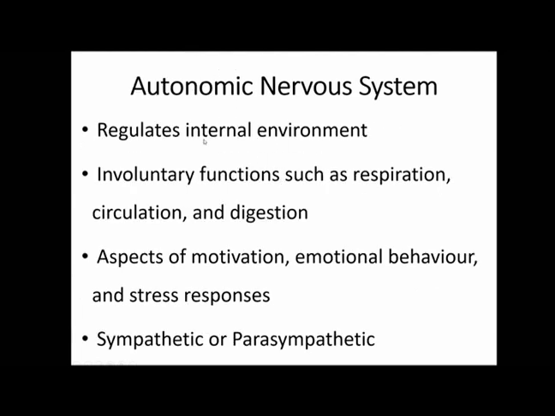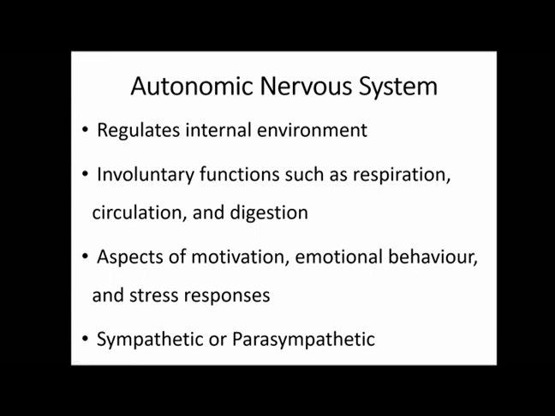But the next part, our autonomic nervous system, is actually involved in the things that are happening automatically. So I always say the autonomic parts are automatic. And it's annoying, but it will stick in your brain and it will help you on a test. So our autonomic nervous system is involved in regulating our internal environment.